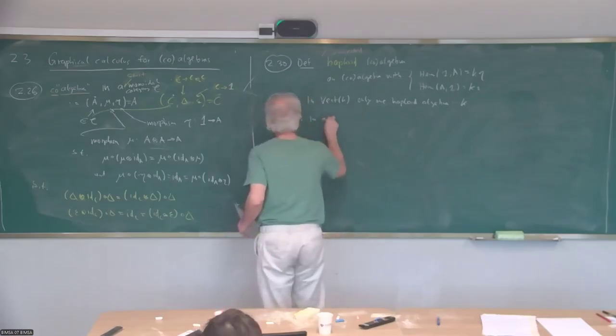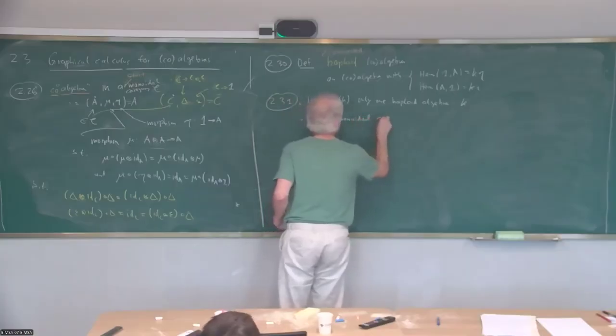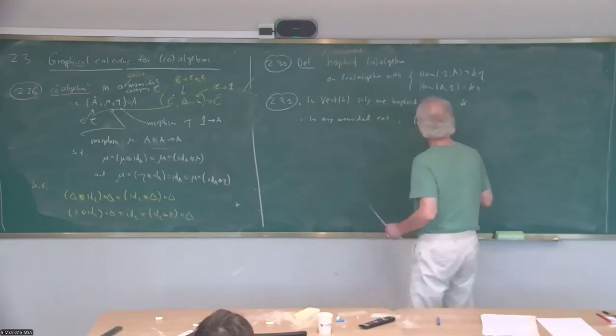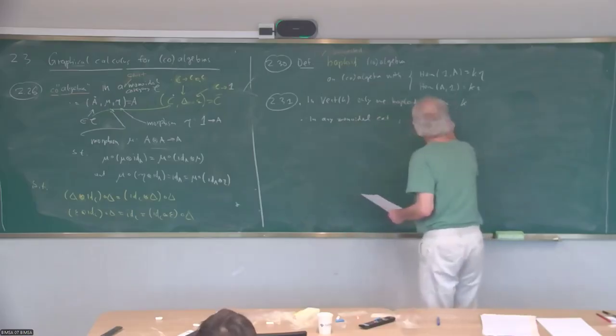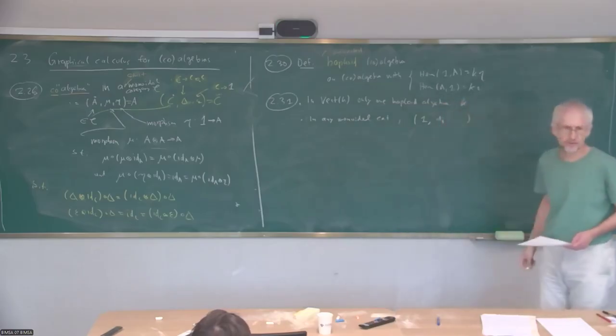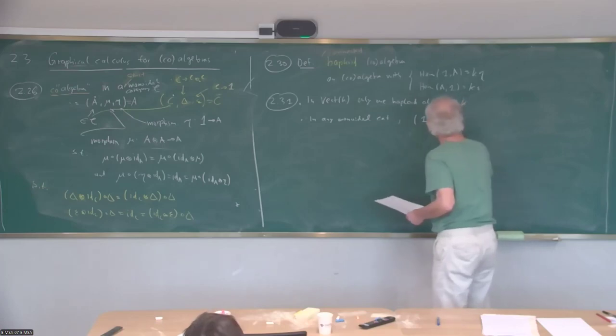And in any monoidal category, the tensor unit, together with all the structure morphisms being identities, well, identity on one, where I identify this with identity on one tensor one.